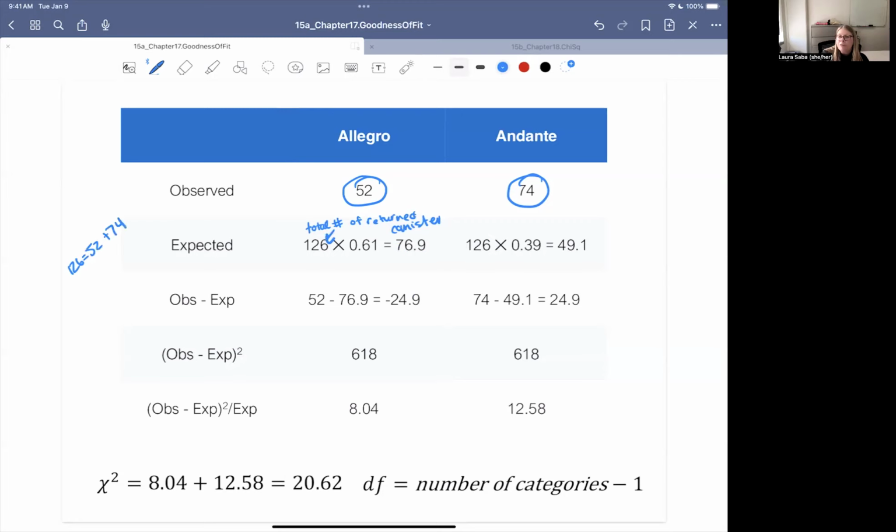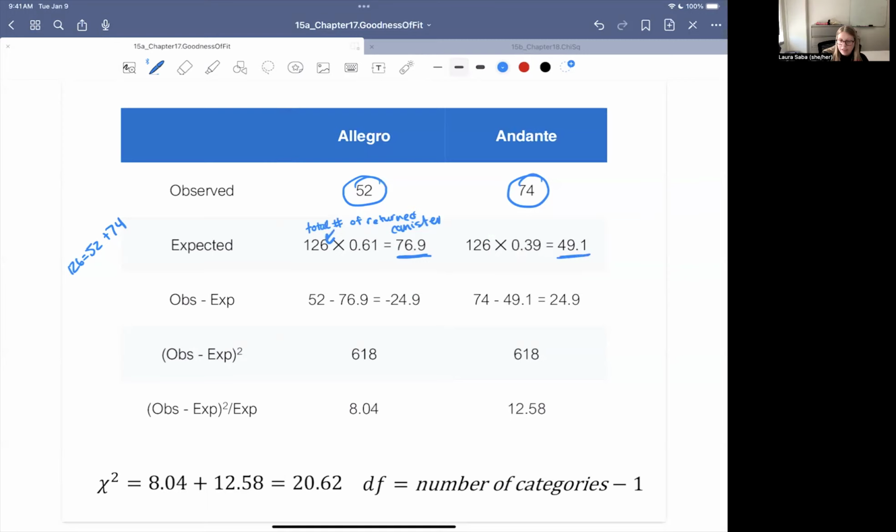And then we would multiply that by the proportion of canisters that were produced by the Allegro machine and the proportion of canisters that were produced, so in our entire population, by the Andante machine. So we would have expected to see about 67 of those canisters be from Allegro and about 49 be from Andante if they were equally reliable.